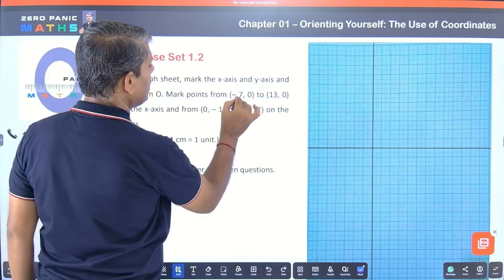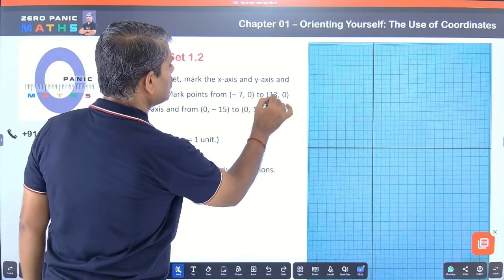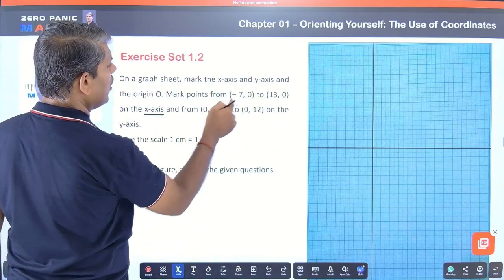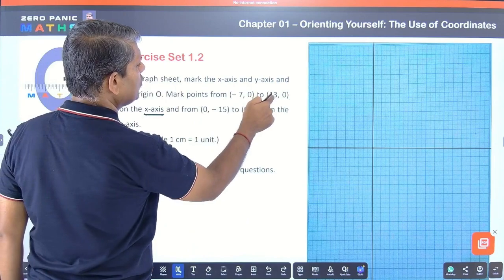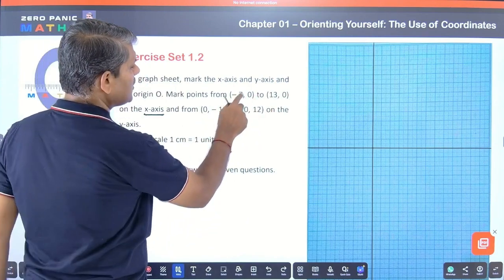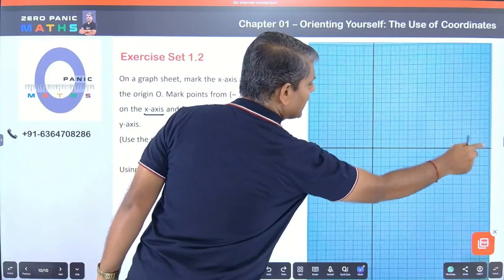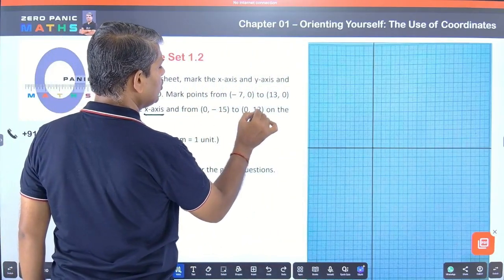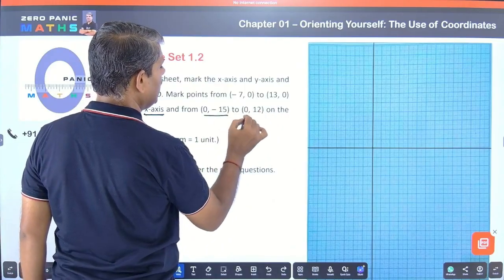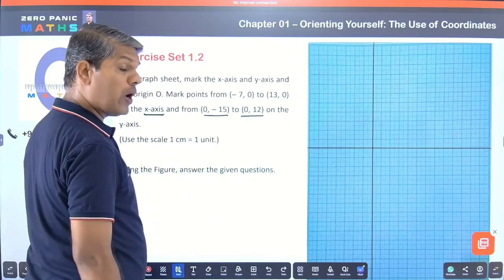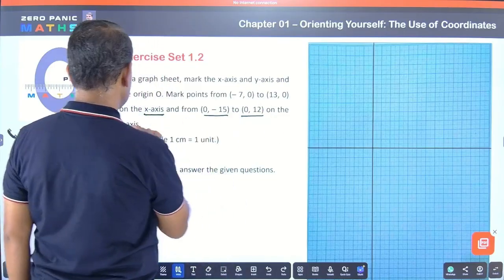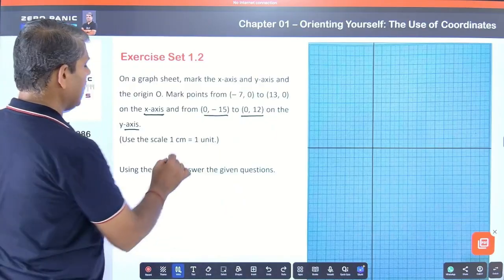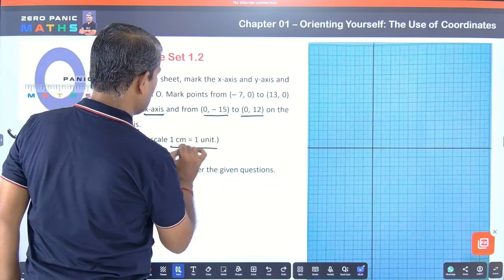Mark the points from -7 to 13 on the x-axis, and from -15 to 12 on the y-axis, using the scale 1 centimeter equal to 1 unit.